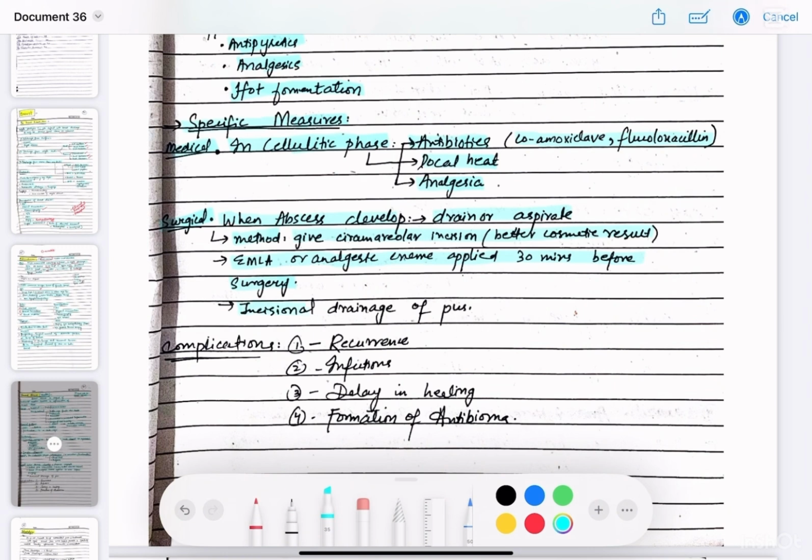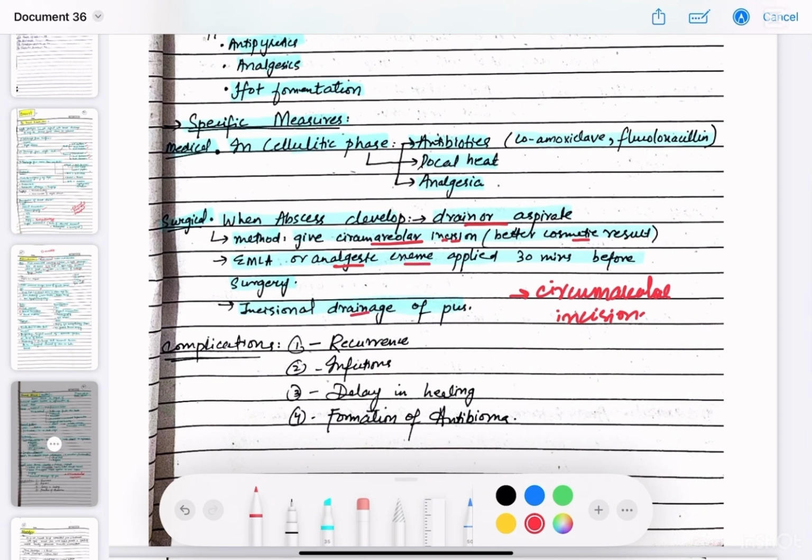You should remember that in breast abscess the incision given is the circumareolar incision, and this is the best cosmetic incision, that's why this is given.